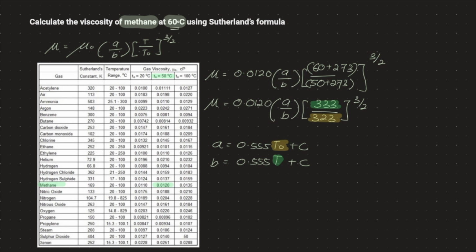If you look at the formula here, this one is the same, so you can cancel out the C, and this one is the same as well.